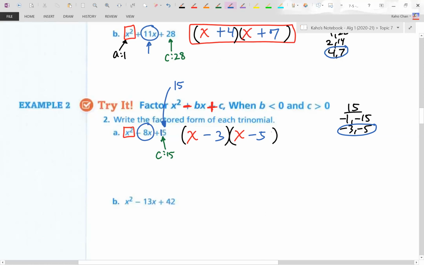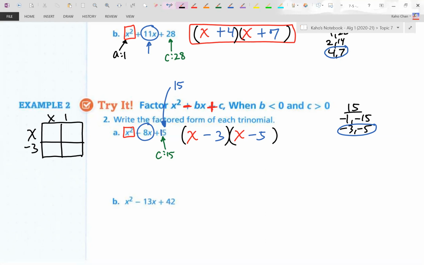You don't believe me? Try it out. If we did this in a previous section where we had to do multiplication, you would draw the box and you would write down x minus 3, x minus 5, I meant to say. And use FOIL, right? X times x is x squared. X times negative 5 is minus 5x.